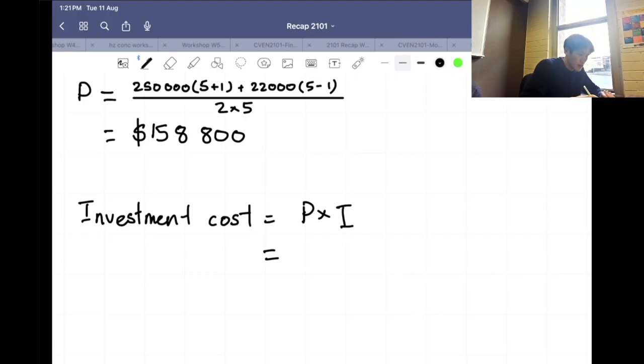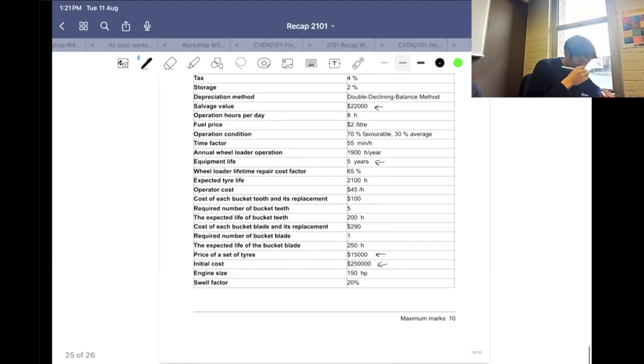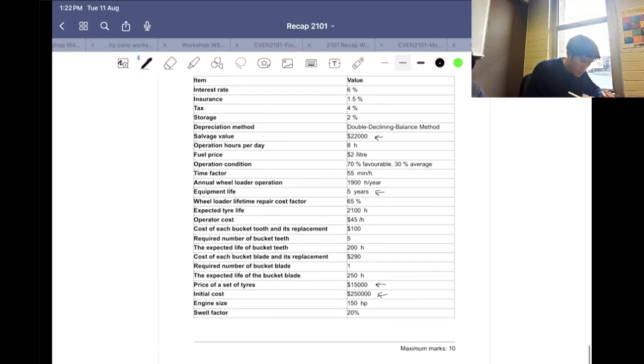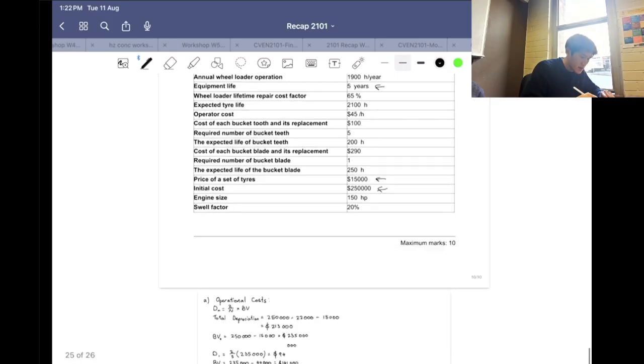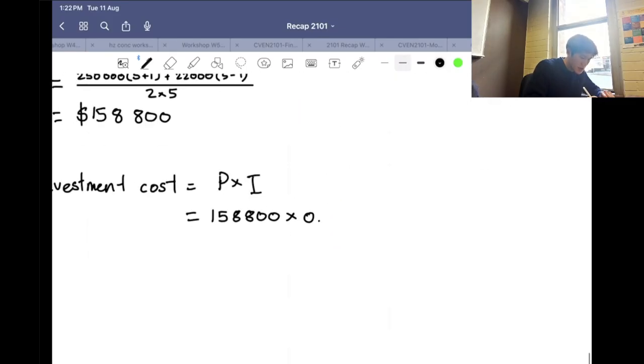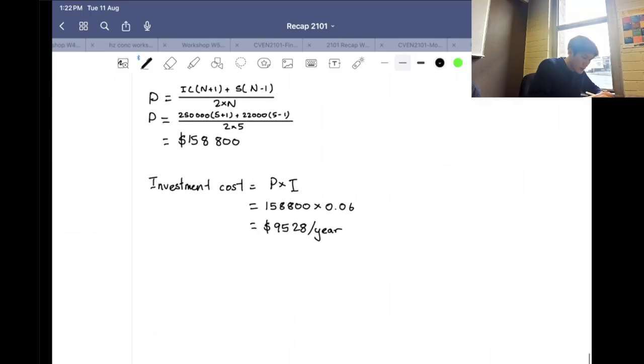So do 158,800 times the interest rate of 6%. So you times by 0.06. And that should give you $9,528 per year. Highlight that. That is your second component of the operation cost.